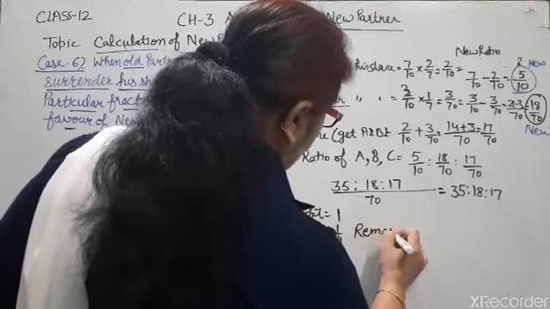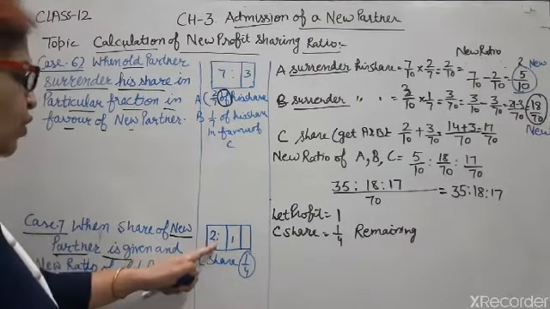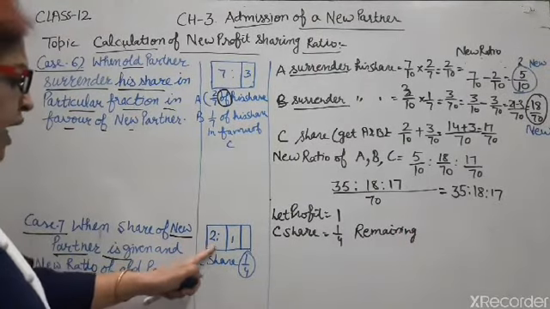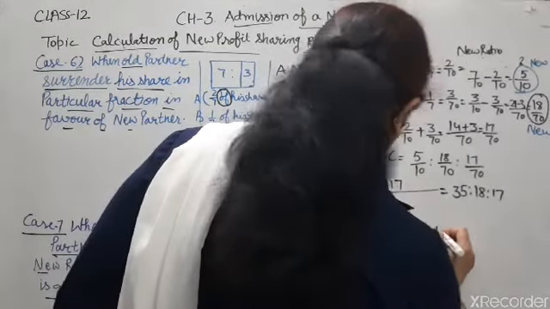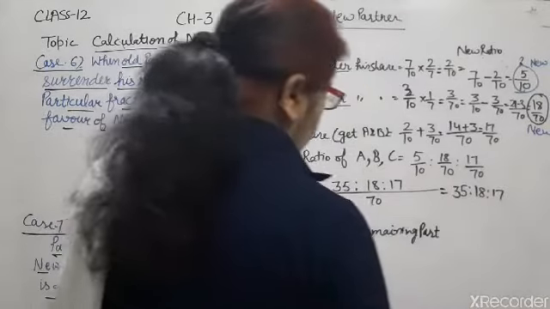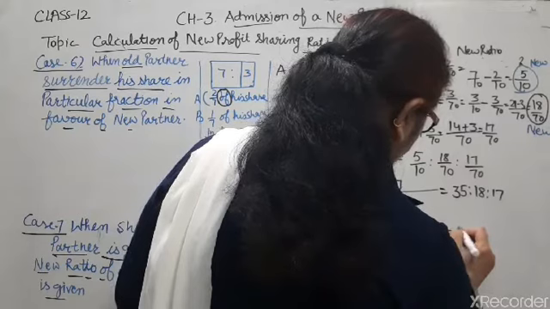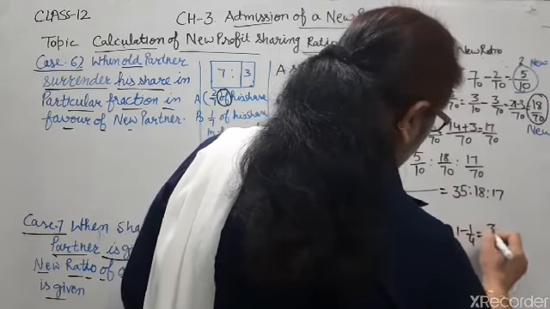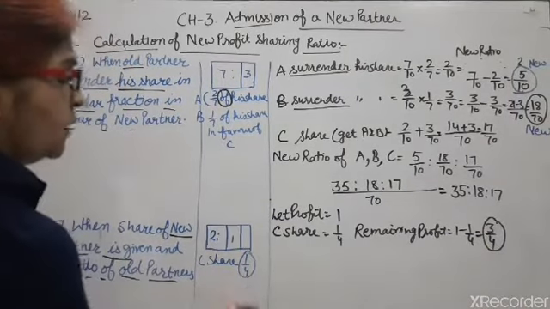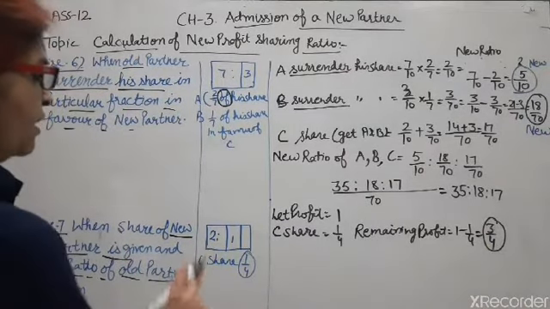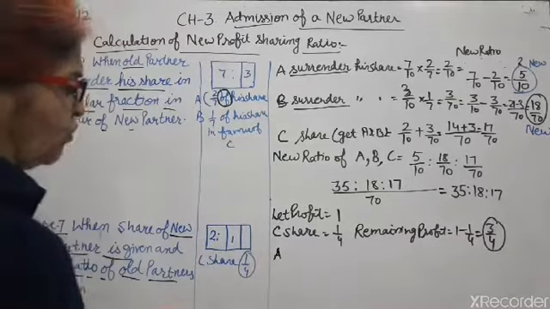Now we calculate the remaining part, because A and B distribute the remaining part of the cake in the ratio 2:1. The remaining profit is 1 minus 1/4, the answer is 3/4. Now this 3/4 is divided between the two partners A and B in 2:1.